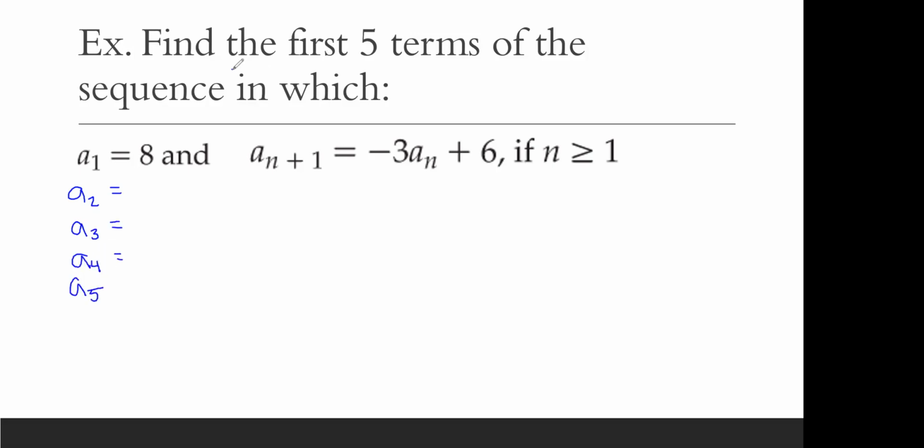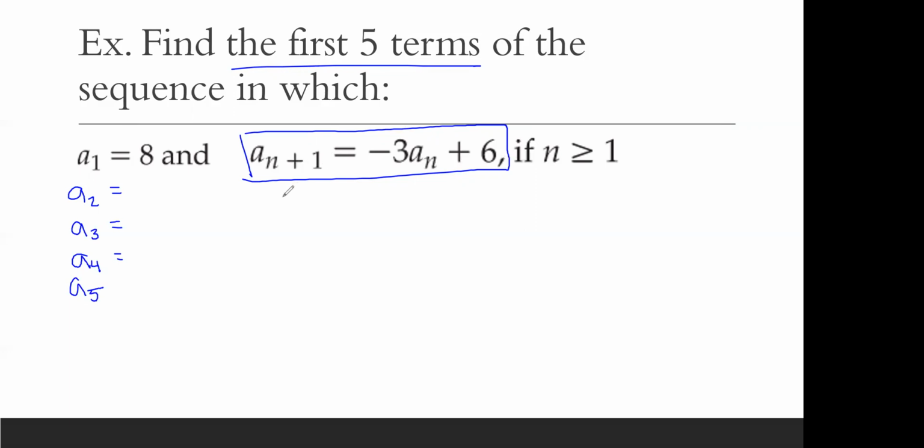It wants the first 5 terms, and it already gave you the first one. The formula is a sub n plus 1 is equal to negative 3 times a sub n plus 6, and n has to be greater than or equal to 1. So we have our recursive formula right here.